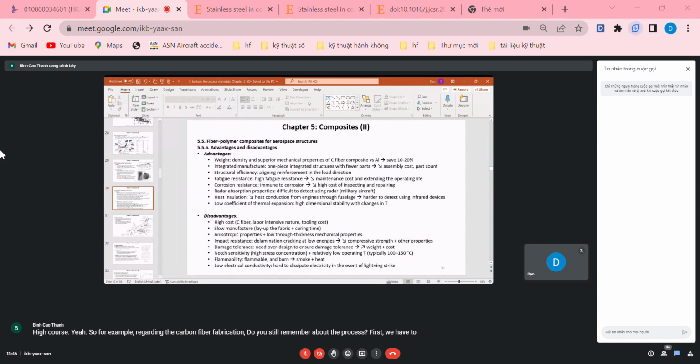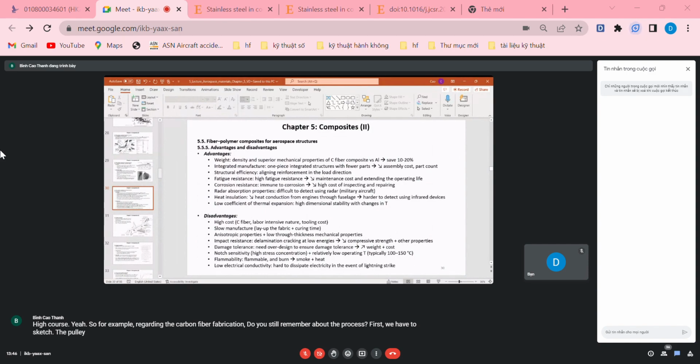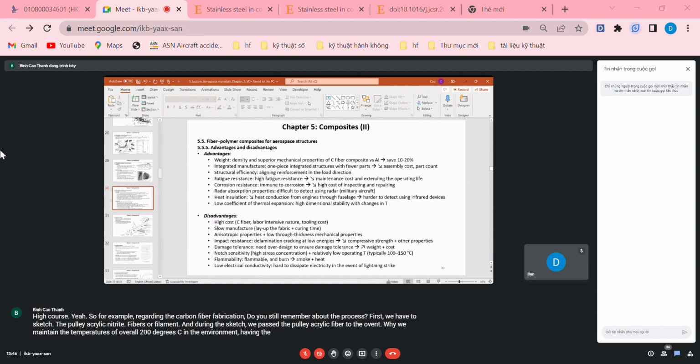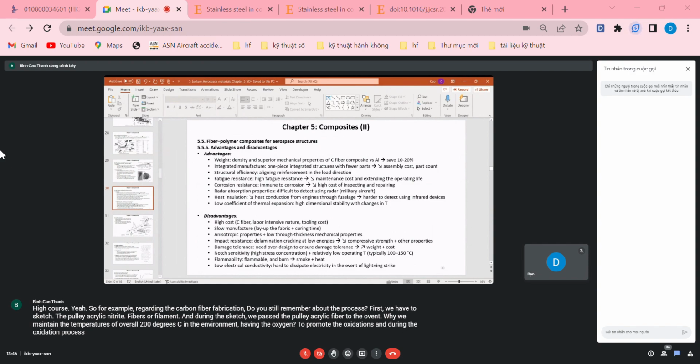Yeah. So, for example, regarding the carbon fiber fabrication, do you still remember the process? First, we have to stretch the polyacrylonitrile fibers or filaments. And during the stretch, we pass the polyacrylonitrile fiber to the oven, where we maintain the temperature of around 200 degrees C in an environment having oxygen to promote oxidation.